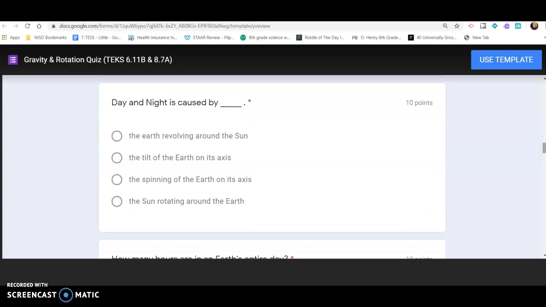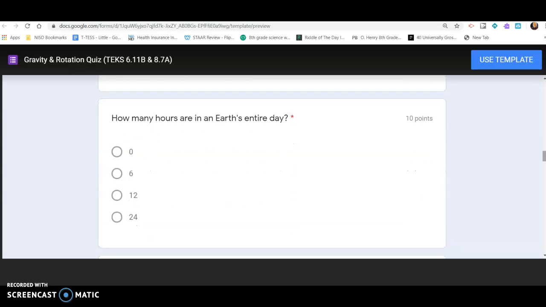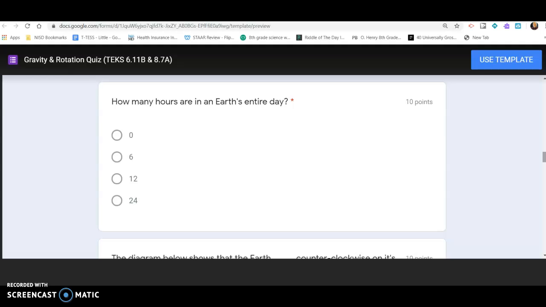Day and night is caused by the Earth revolving around the sun, the tilt of the Earth on its axis, the spinning of the Earth on its axis, or the sun rotating around the Earth. Next question. How many hours are in an Earth's entire day? 0, 6, 12, or 24?